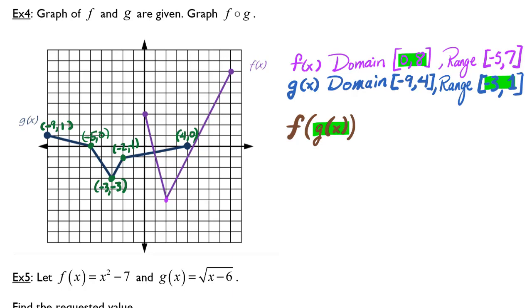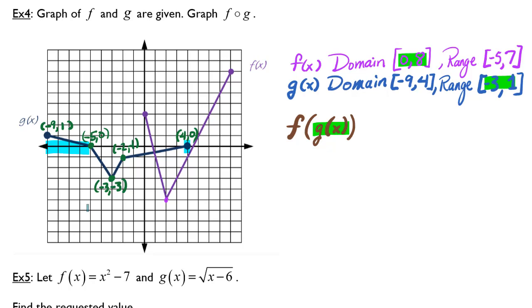And that only happens on the interval from -9 to -5. The rest of these outputs are negative except for 0. We have to throw out anything from -5 to 4 because they will not create something that is defined in the composition.